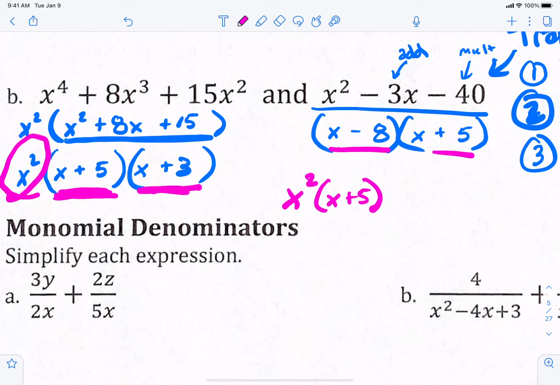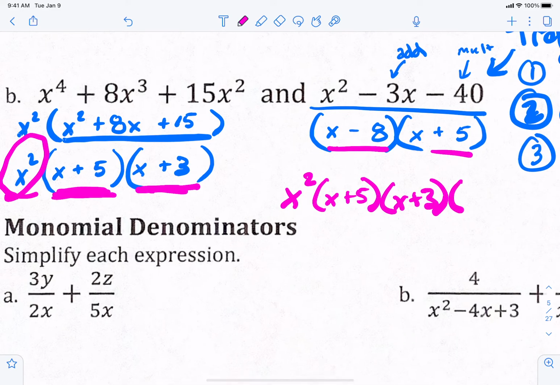I know that it has to have an x plus 3 in it. x minus 8, I know that it has to have an x minus 8 in it. And x plus 5 again, but we already have it right here, so we don't need to list it twice. You go through each of those 5 pieces and you just write down one of each that you need.